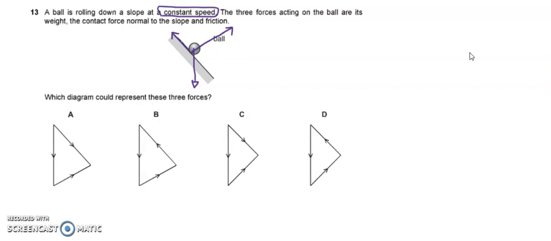So for equilibrium, the three forces can actually form a triangle of forces in a closed loop. So the angle between the R and the F must also be 90 degrees. So this is the only possible answer.